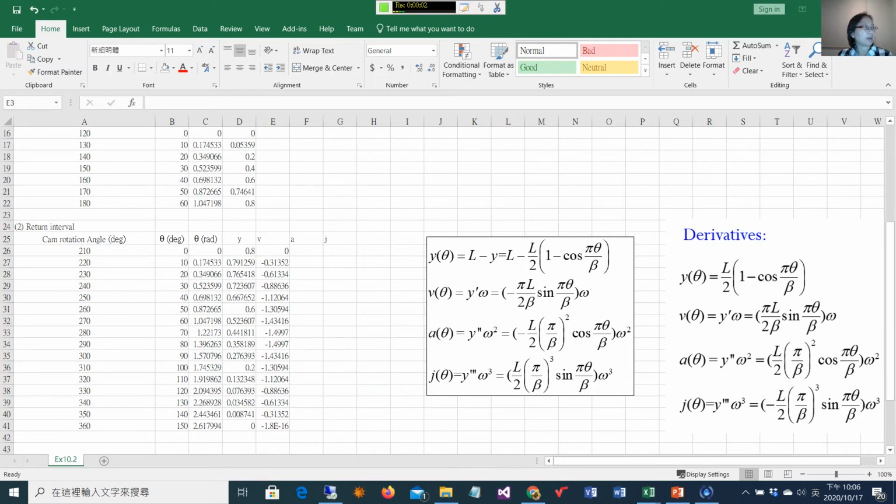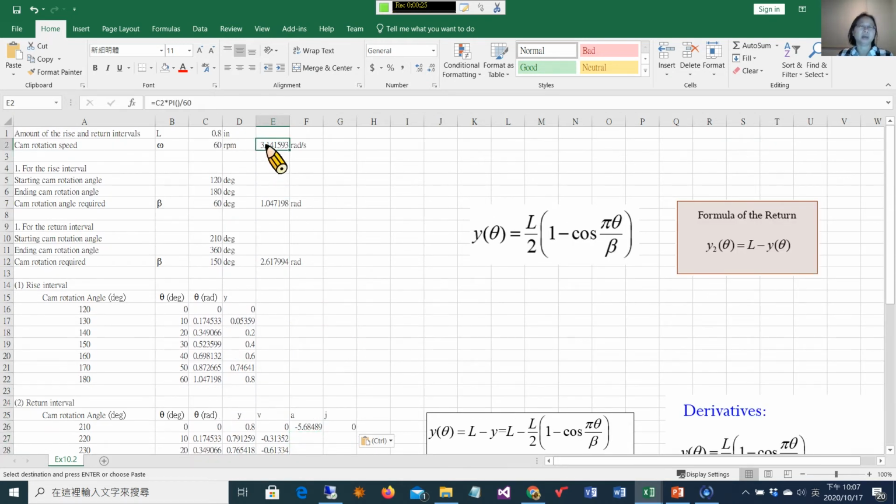In the same way, I type the formula of acceleration here and drag here. I think this value is not correct. Let me check what happened.